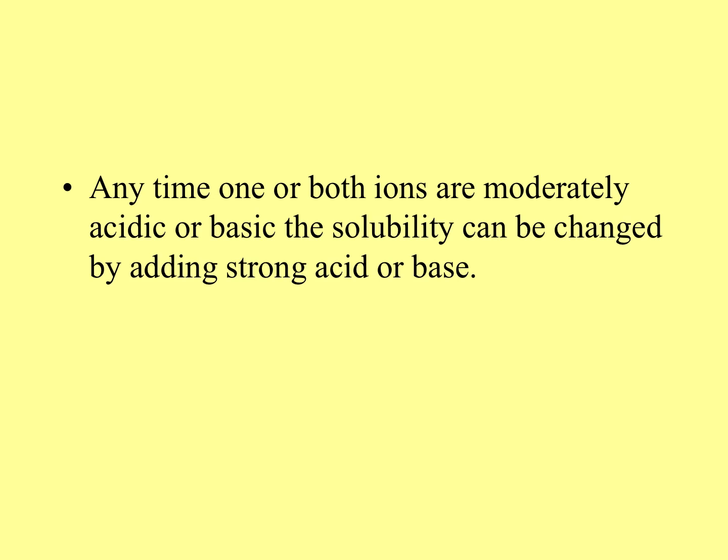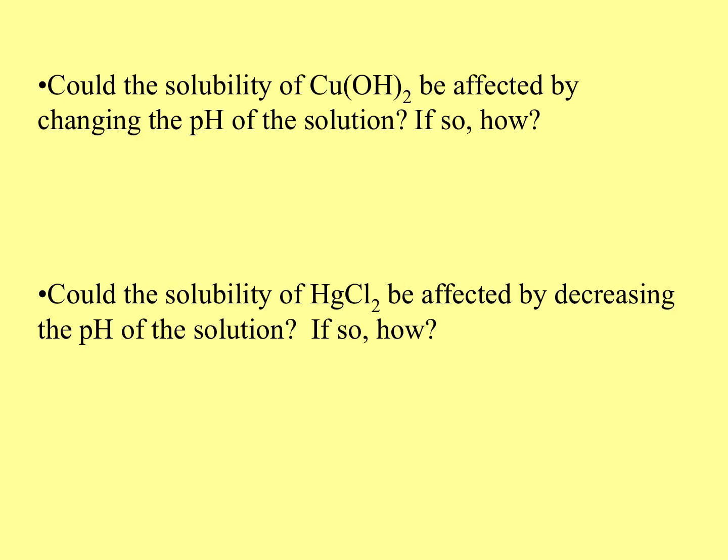Okay, so let's take a look at this one. Let's write the dissolution of Cu(OH)2. We're going to make this Cu2 plus aqueous plus 2 OH minus aqueous. So let's say we increase the pH.